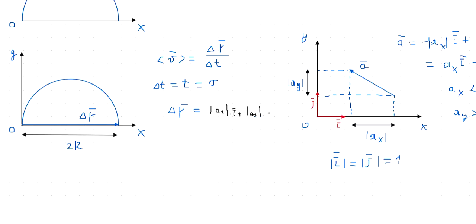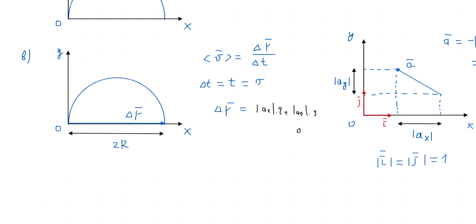Okay, that's great, but we need to find this ax, ay. Okay, ay is 0. Yes, and ax must be 2r.